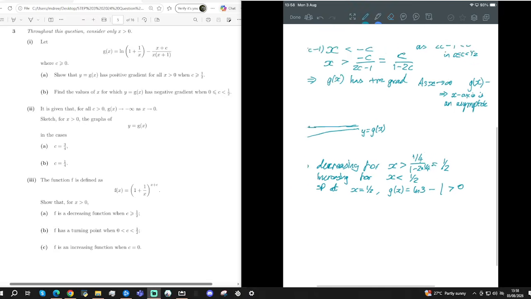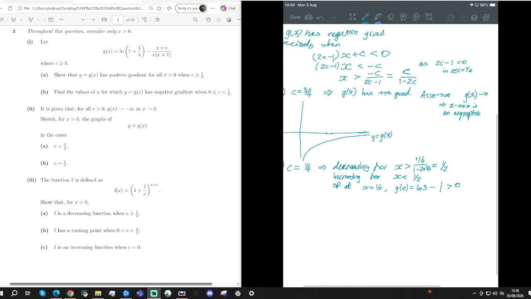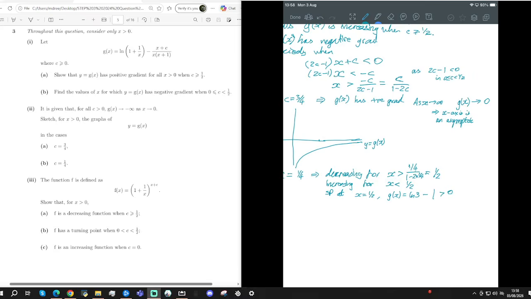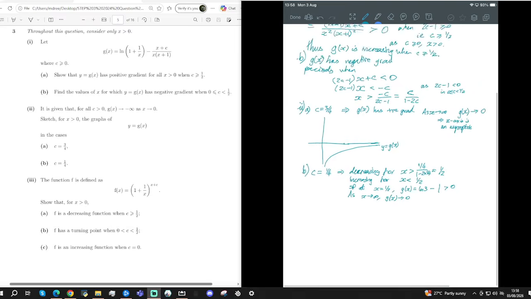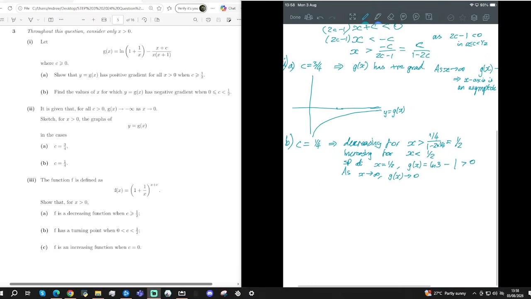And if I let x go to infinity again, it's still going to have the x-axis asymptote as x goes to infinity. g of x goes to 0. So you've got a lot of the same features, except now we have a stationary point. So we still have our y-axis being an asymptote.